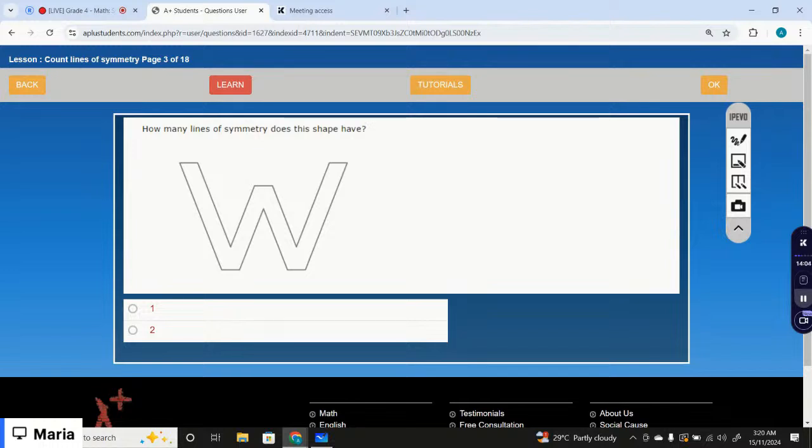The correct option is one. The shape has only one line of symmetry.